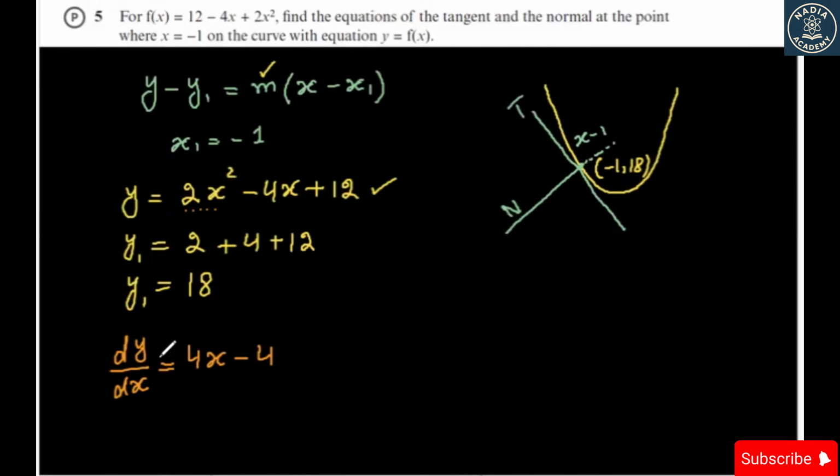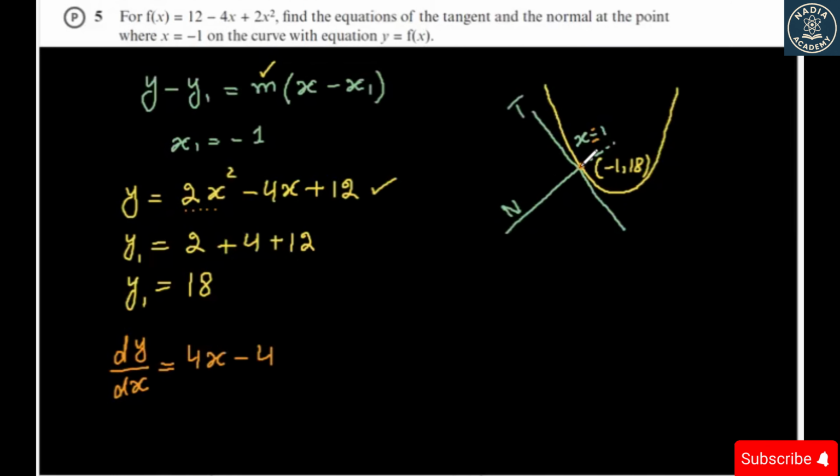Now, this is the gradient of the parabola as a function of x. If we put here x equal to -1, that will be the gradient at this point where x is equal to -1. The tangent is touching this parabola only and only at this point.